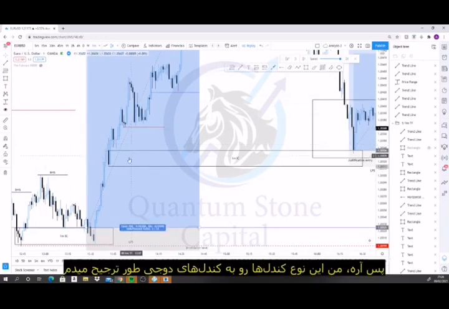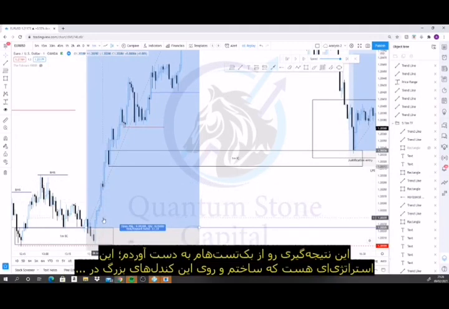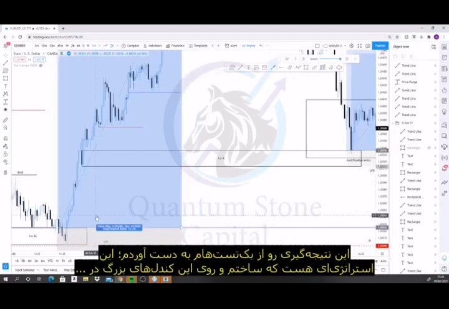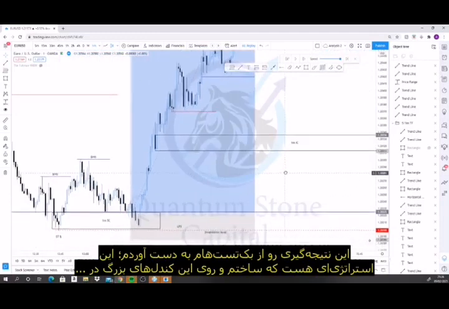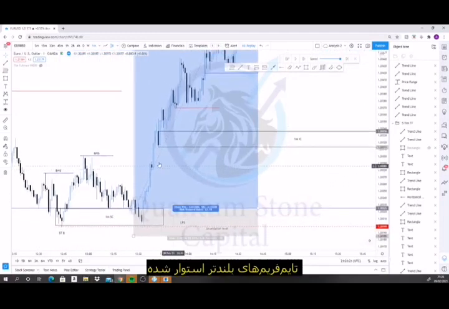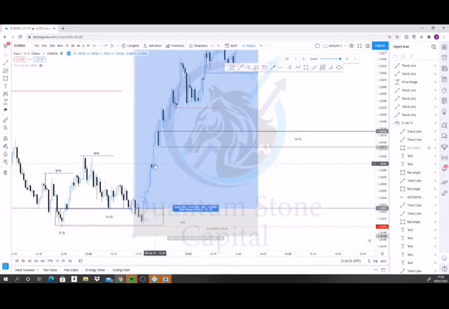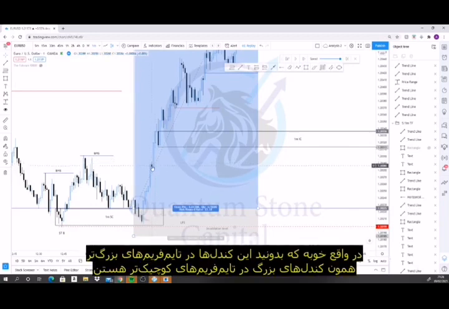So yeah, I do favor these candles over the doji type candles, but that's something I'm backtesting, and a sort of strategy I'm creating upon refining these sort of candles on a bigger time frame, as these candles on a bigger time frame actually illustrate the larger bodies on a smaller time frame, if that makes sense.